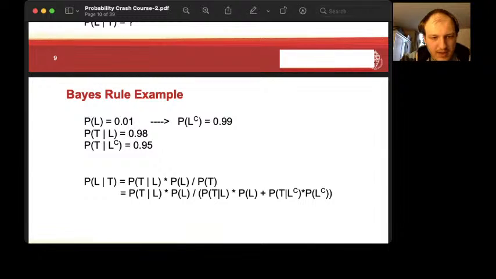We have the likelihood and the base rate of infection, divided by the probability of being positive, the probability of the test being positive. You need to compute the marginal probability over both cases.